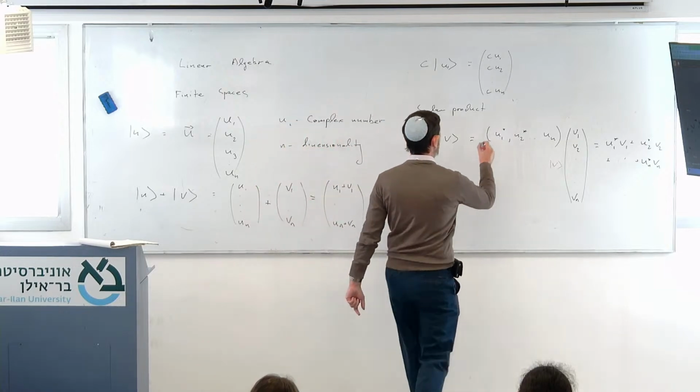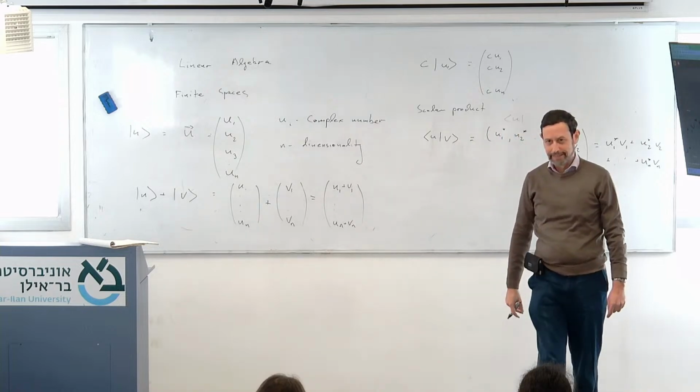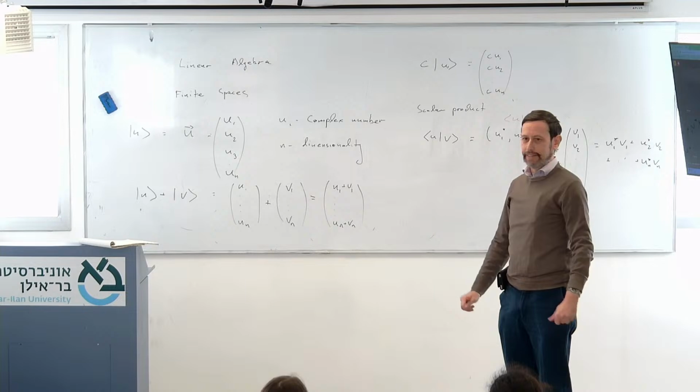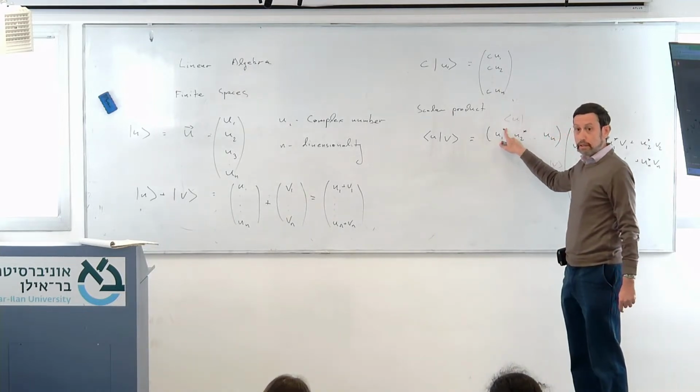If I'm writing it to the left, then it's a row and complex conjugate.